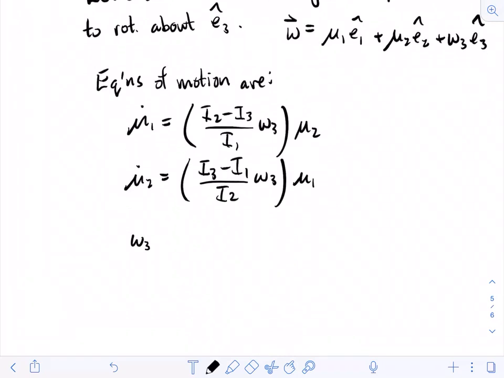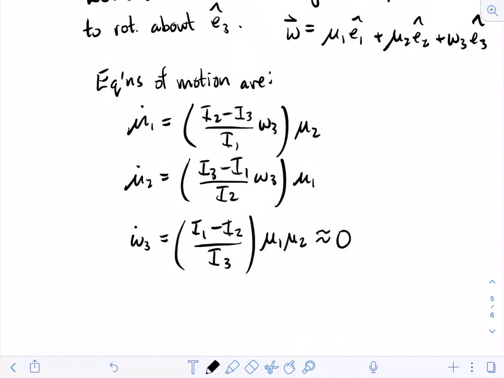And omega 3 dot is going to be equal to I1 minus I2 over I3. Then we'll get this product of these two small quantities, which we're going to say is about 0. And so we'll get omega 3 is about equal to a constant, just like last time we did for omega 1.